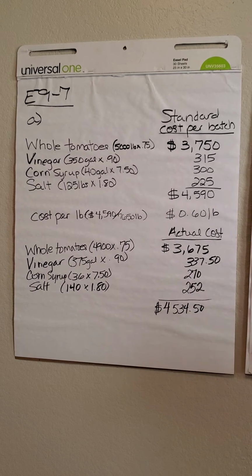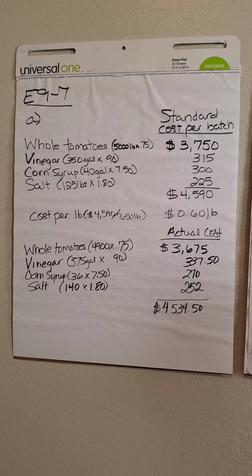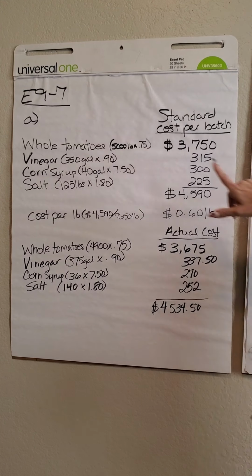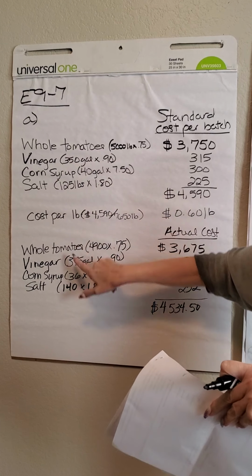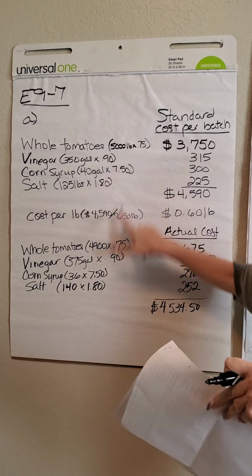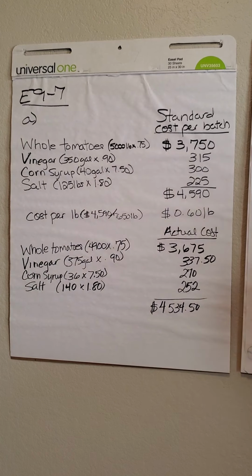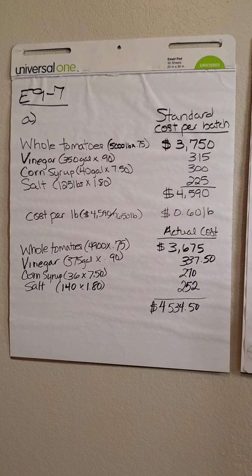Okay, so what you'll notice when we're looking for the direct materials quantity variance, our focus here is on the amount of the material that we used rather than the price. So we use the standard price to calculate these variances.